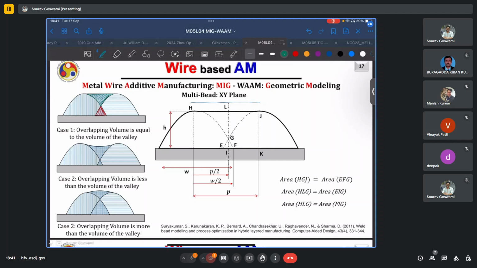Whereas for other cases of inequality, such as in the case when this overlapping volume is less, then you have this drooping type of surface which forms, or if this overlapping volume is very high, then the surface bulges out.